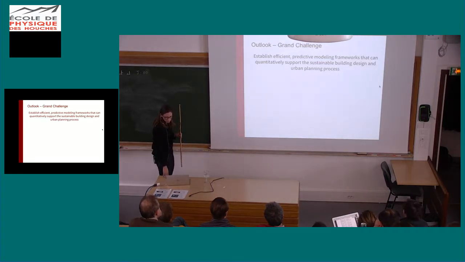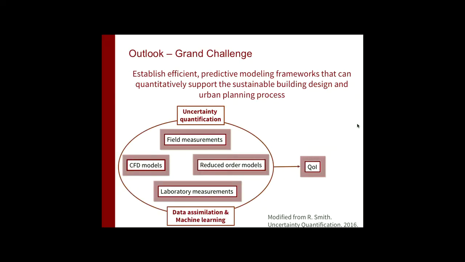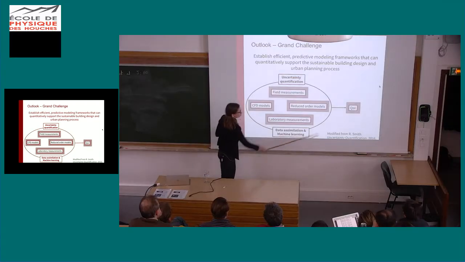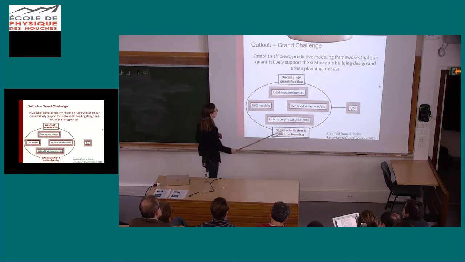So in terms of the grand challenge that I started with, the really important thing here, and this is modified from the book that I used to teach my uncertainty quantification class, is to take all these different components: lab measurements, field measurements, reduced order models, and CFD models, both RANS and LES.